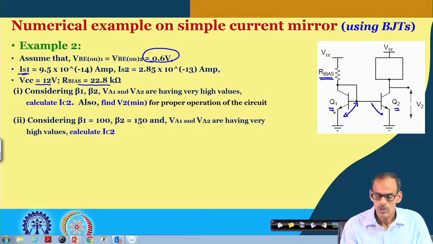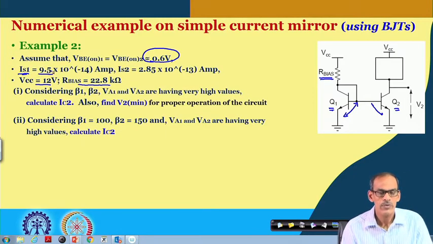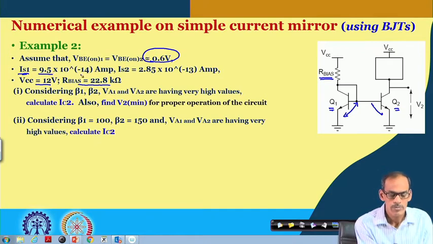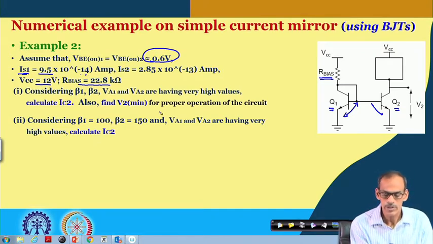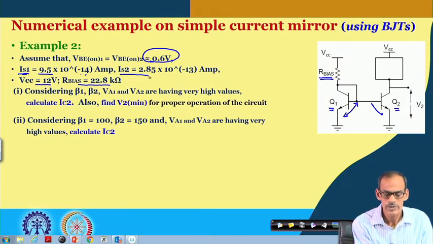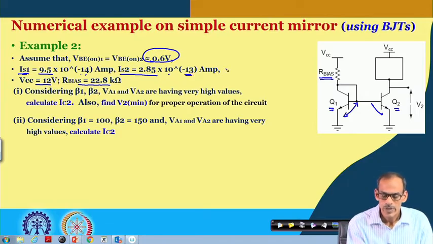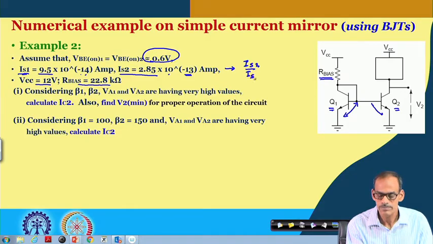In addition to that, we also have the information about the reverse saturation current of the two transistors. Q1 has a reverse saturation current of 9.5 into 10 to the power minus 14 ampere. On the other hand, for Q2 the reverse saturation current is 2.85 into 10 to the power minus 13 ampere. In fact, if you see carefully, IS2 by IS1 is equal to 3.